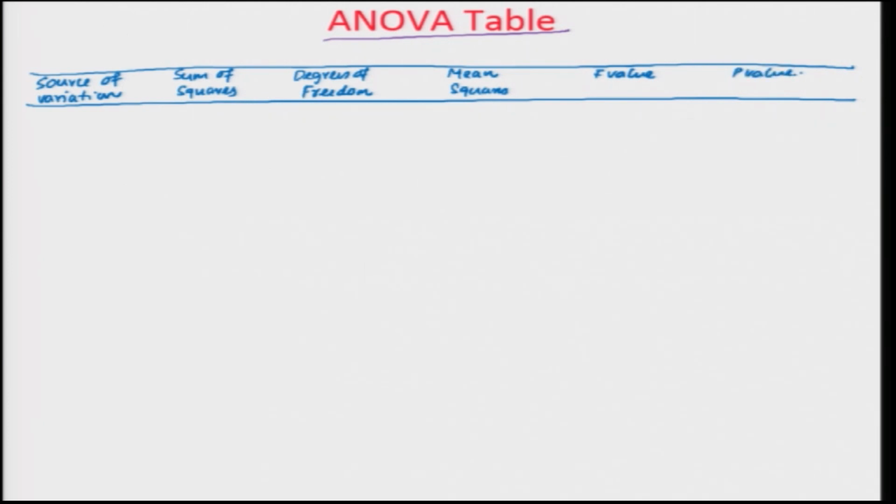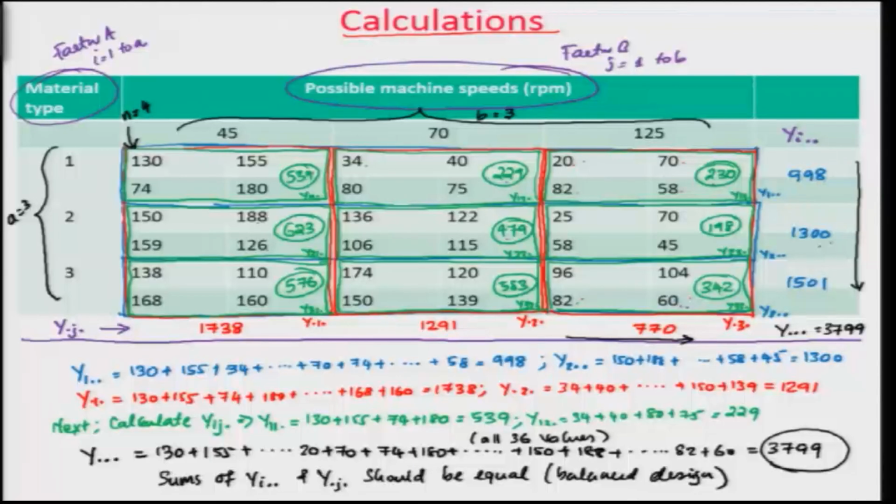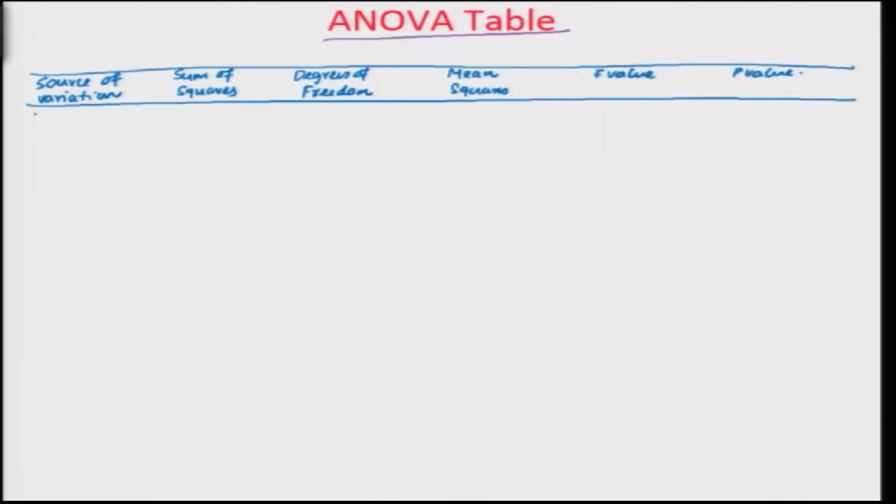The source of variation was factor A. If you go back to the table, the factors are material type and machine speeds. So, we say material type.